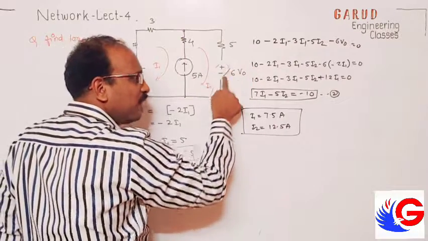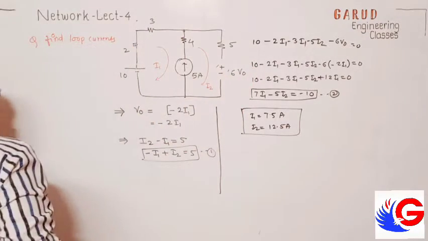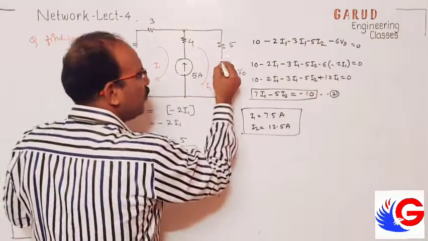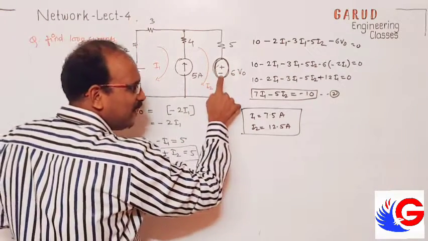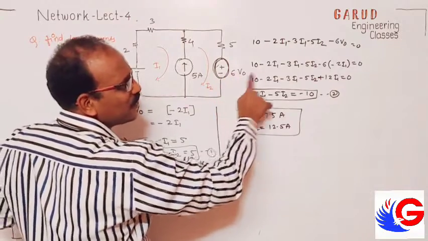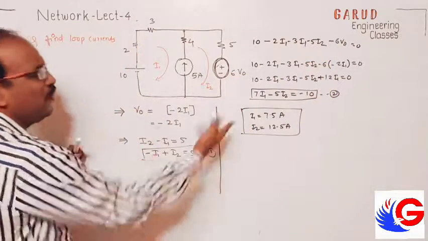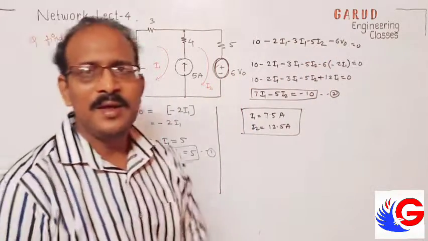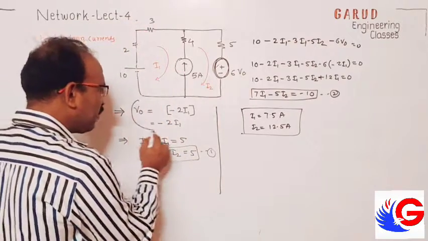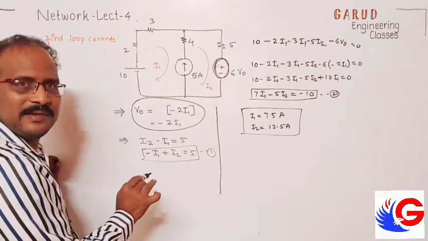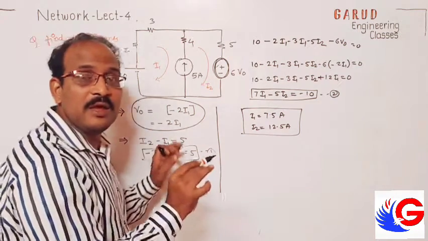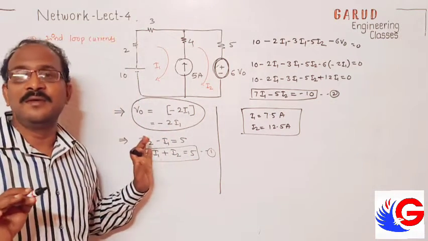You treat this like a voltage source. Minus 6VO, substitute the value of VO and get the answer. It's very simple. Only this part is new for you. Nothing else. The remaining method is the same as the BEE method.